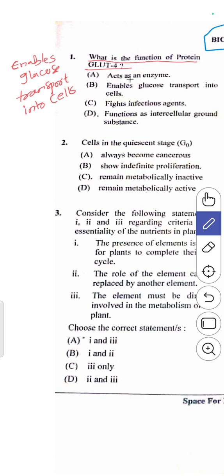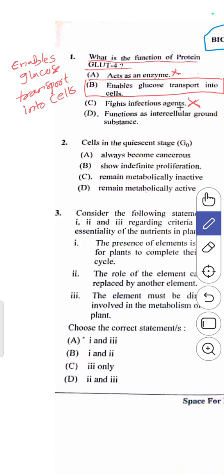In A, acts as an enzyme. No, the enzyme, that is trypsin, will act as enzyme. That is one of the functions of protein, so this is wrong. B, enables glucose transport into cells, so this is true regarding this one. Next one, fights infectious agents. This is antibody. So GLUT4 function is enabling the glucose transport.